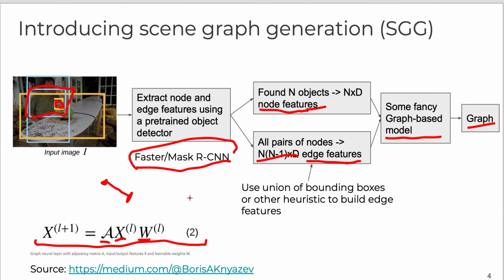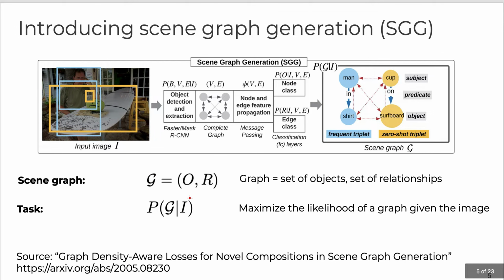Okay, so moving forward in more detail, this pipeline can be represented as follows. Again we have some Faster or Mask R-CNN to extract node and edge features, and at this stage we usually have a complete graph because we compute edges for all pairs of objects.